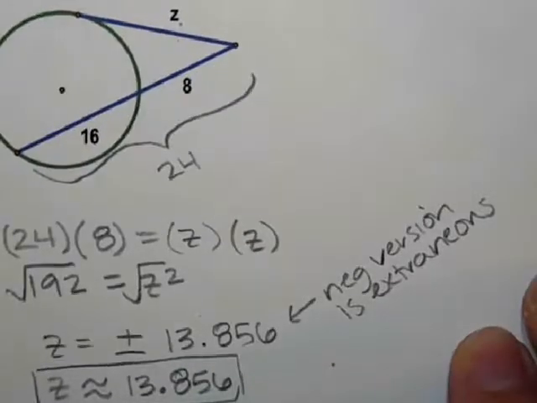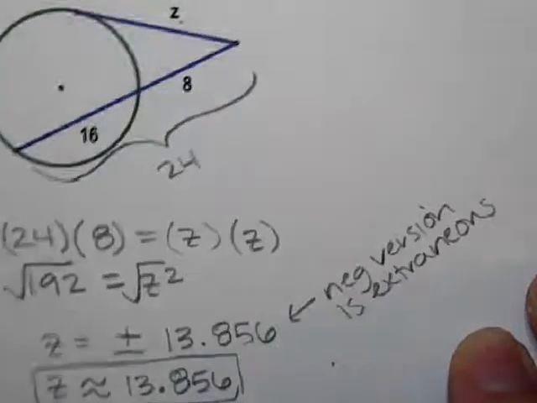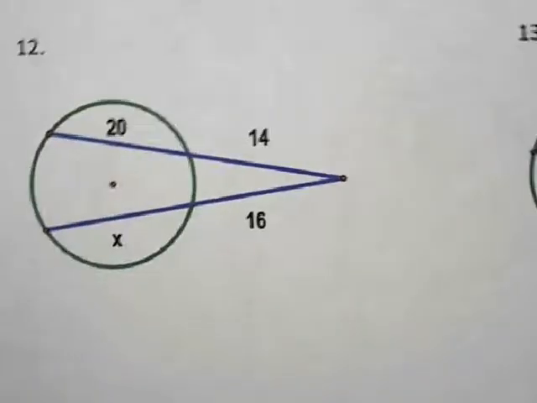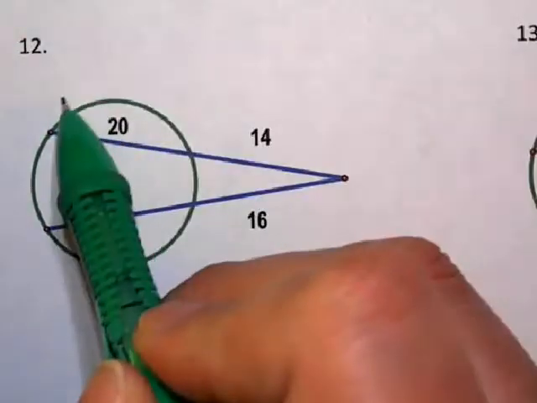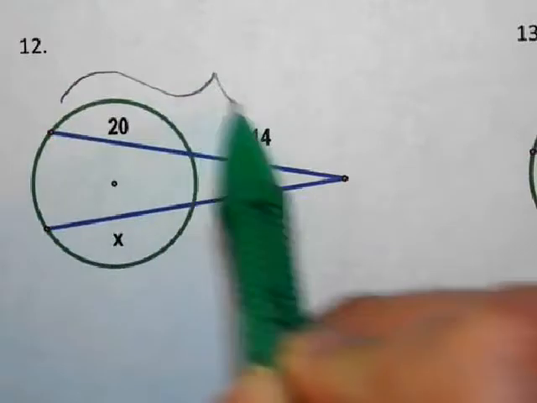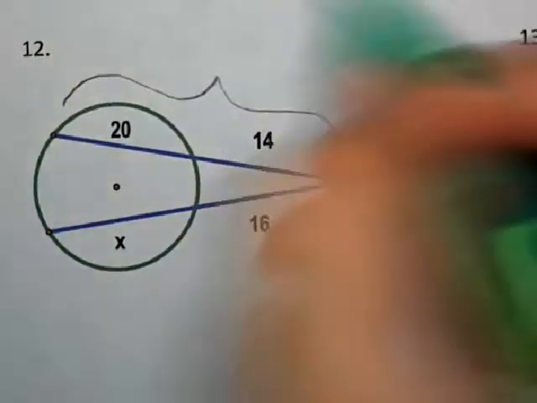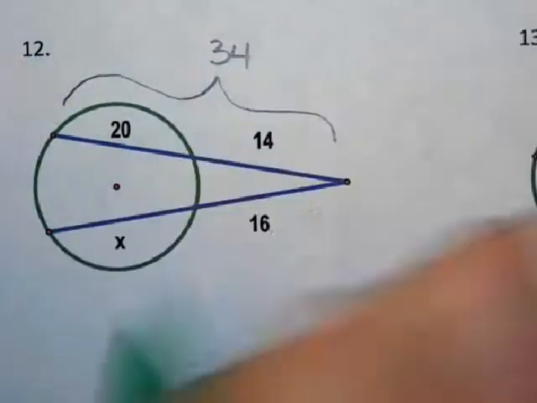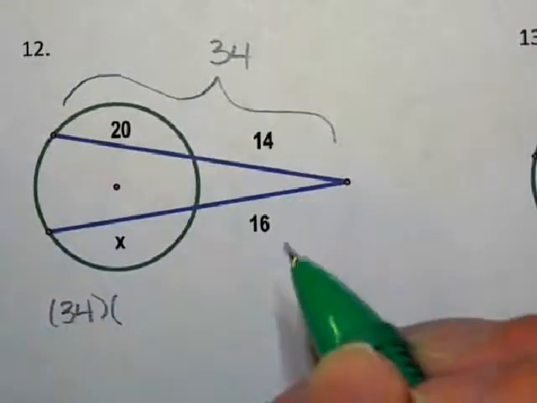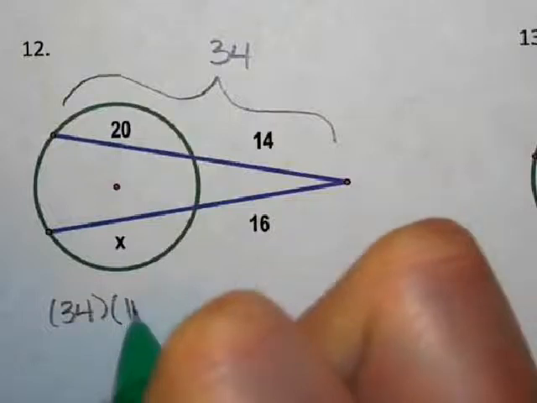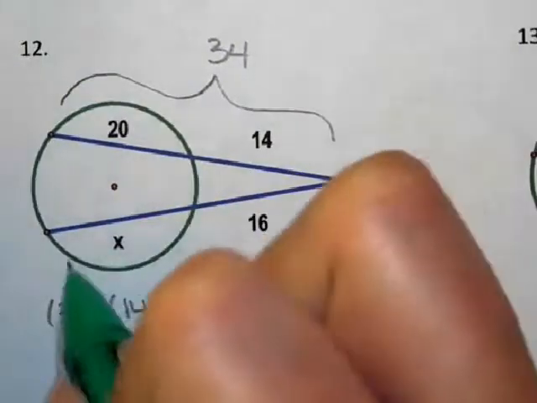All right, last page. 2 more examples. All right. So we're going to do the entire length, which is 34, times the portion outside, equals the entire length.